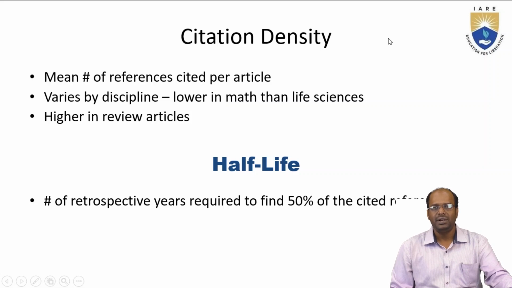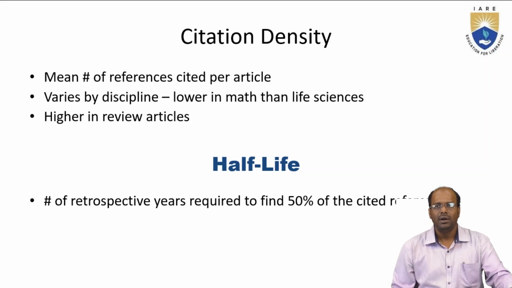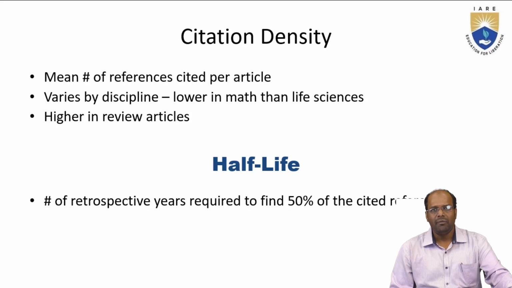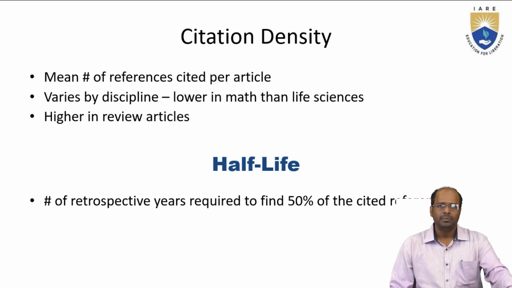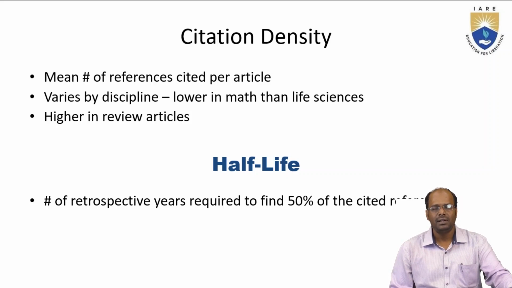So what is citation density? Citation density means the number of references cited per article. Now you are going to publish one article. While publishing that article, you use some particular references. Those references are the citations. Now you are publishing in Ceramic International Journal.